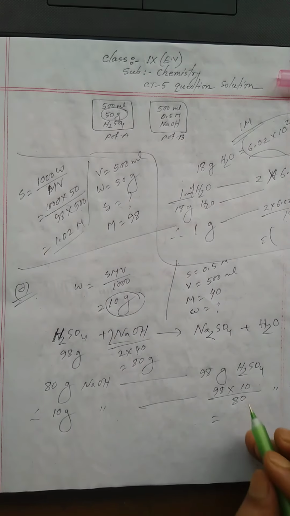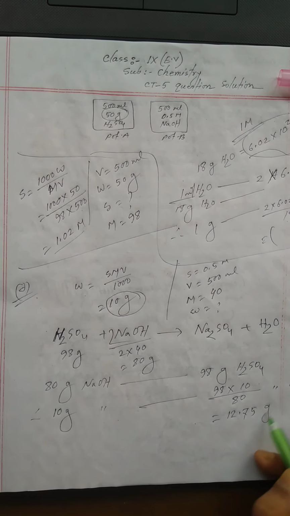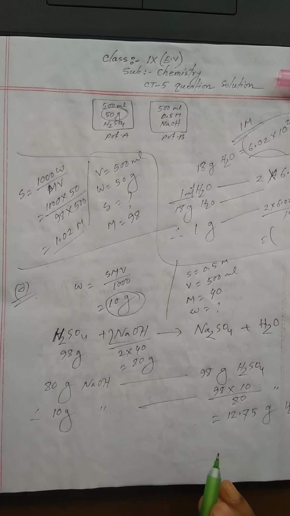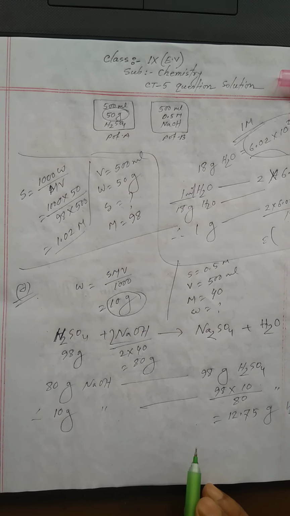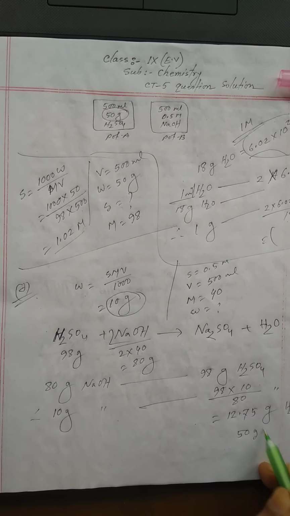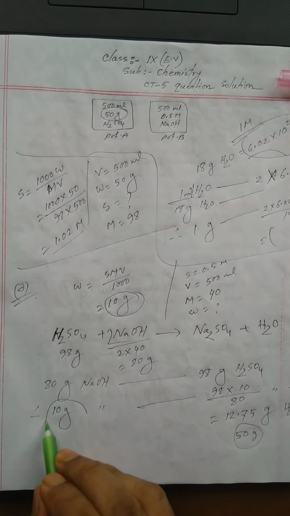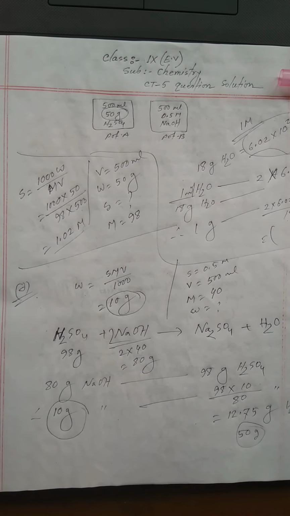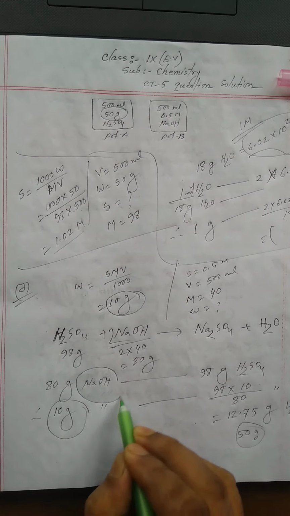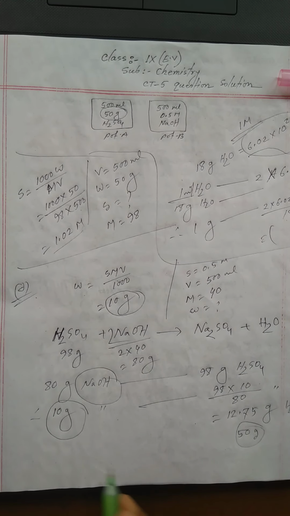This will be 12.25 gram H2SO4, whereas the amount of H2SO4 was 50 gram. So NaOH is finished first. That is why NaOH is the limiting reactant in this case.